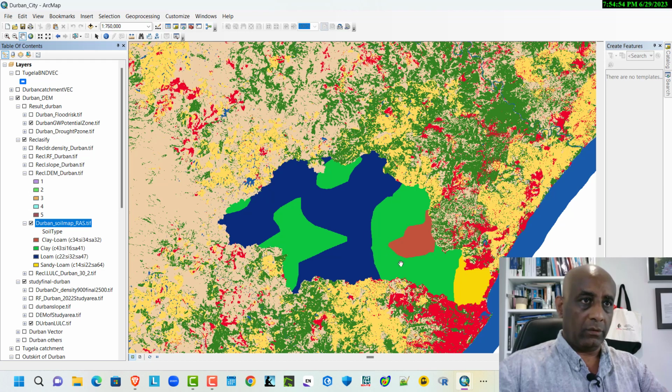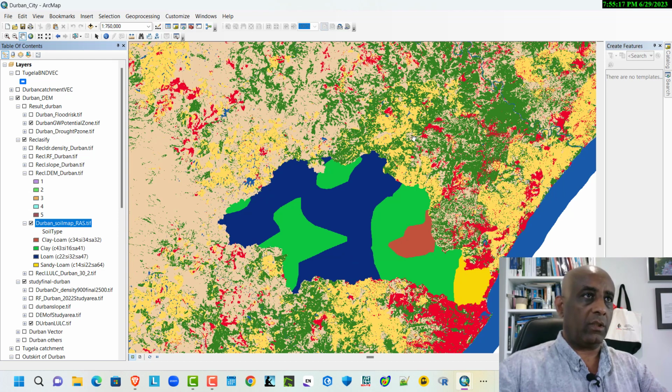And Pinetown is also clay. Clay loam is this one, around the coast, by the side of Pinetown maybe. So this area is loam soil. Agricultural land might be located here, Pomeroy, you see.